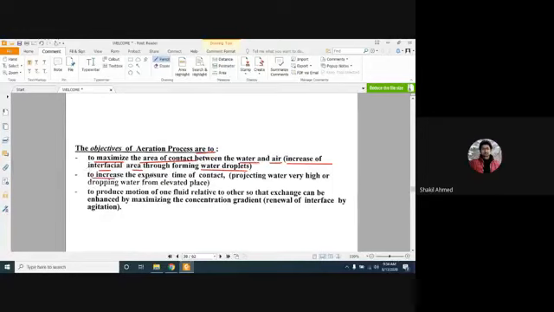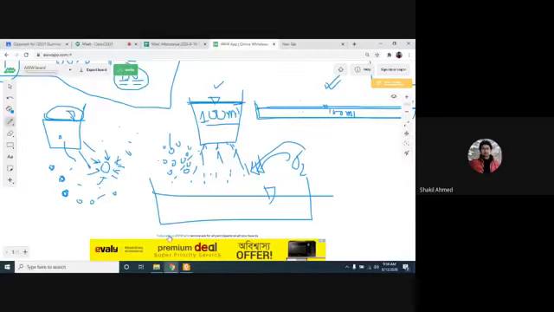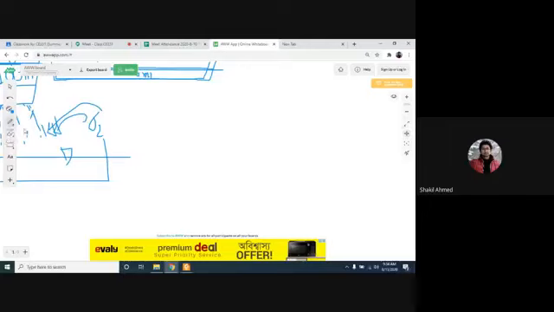Now, to increase the time of contact, project the water very high or drop the water from a height. That means if you drop the water from a four-story building and collect it here, the time required for the water to come from there to there is, for example, T1.